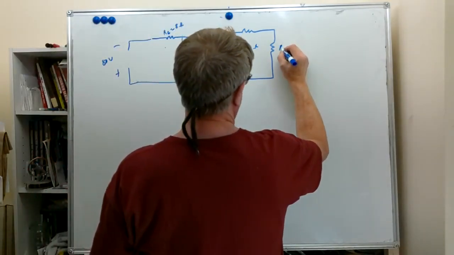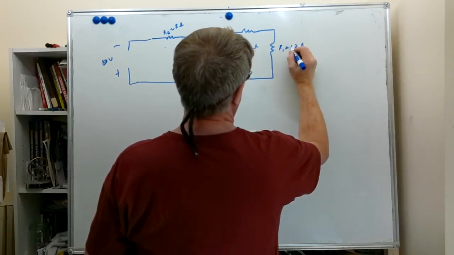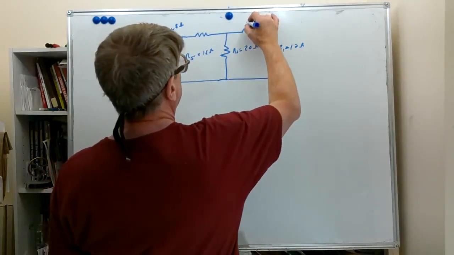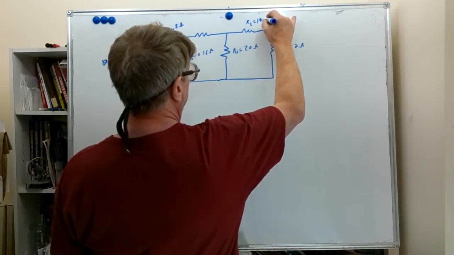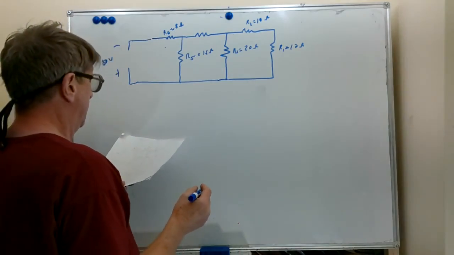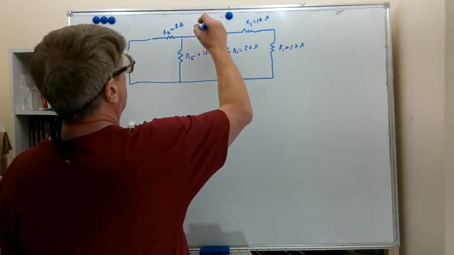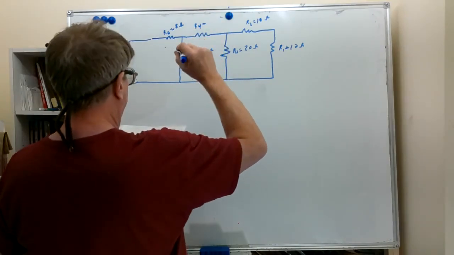R1, 10 ohms. R2, another 10 ohm resistor. R4, 6 ohms.